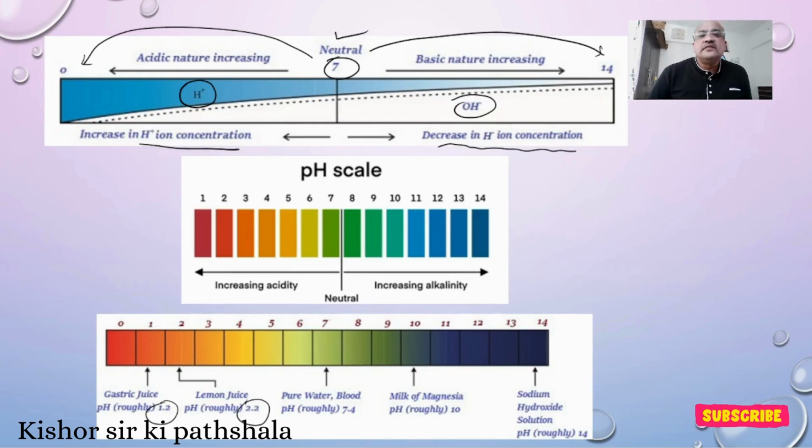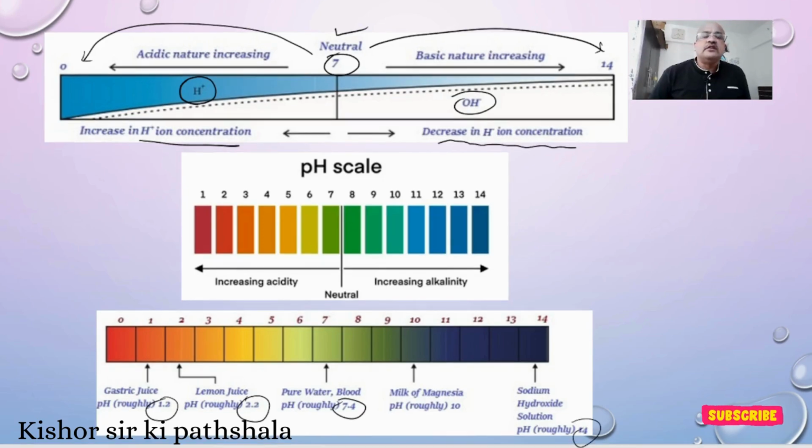See the color. Lemon juice has a pH of 2.2. Pure water has this light green color. Then there is milk of magnesia, and sodium hydroxide, which is around 14. These different colors are shown. When you put the pH paper into the given solution, you'll get these colors accordingly.